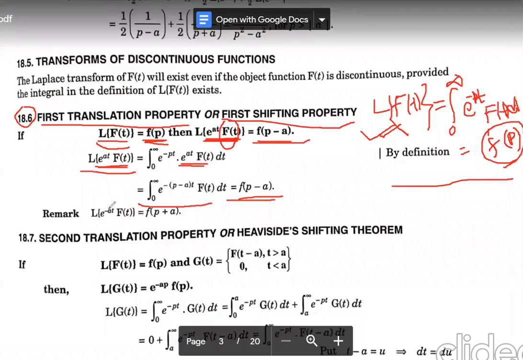Similarly, if the sign of at is negative, then it will become f of p plus a, same thing. So this is also a first shifting property or first translation property. So this also you need to memorize. Next, what is the second translation property?